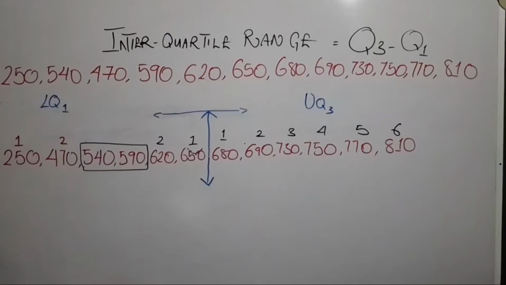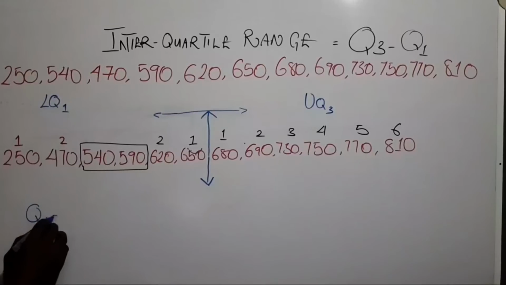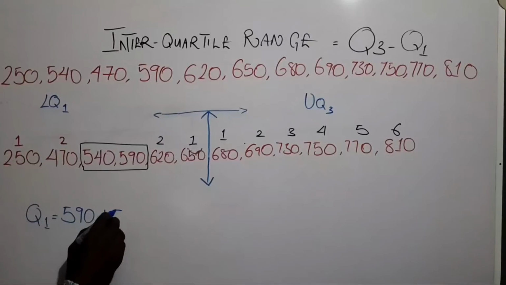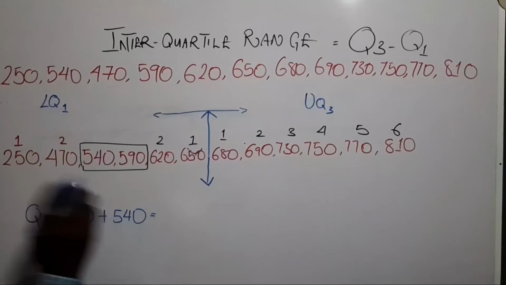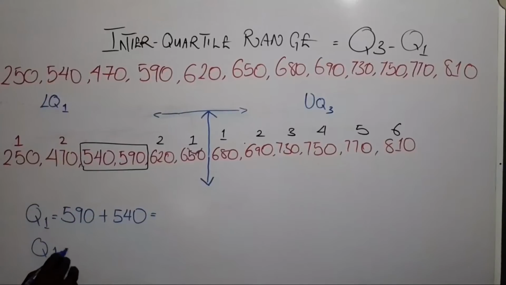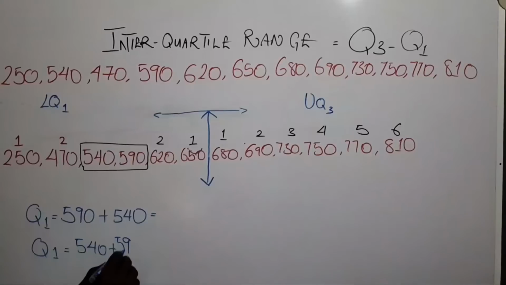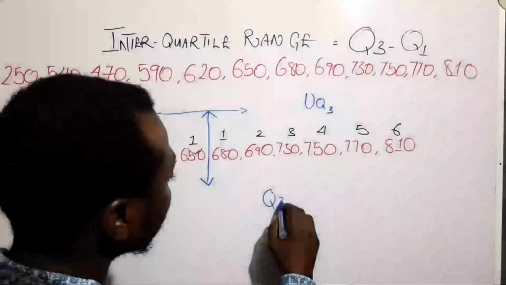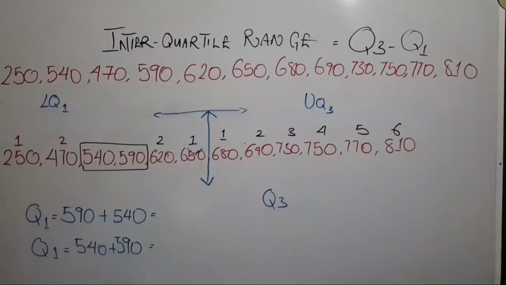So for Q1, it equals 590 plus 540, or 540 plus 590. That is for Q1. For Q3, we are doing the same.